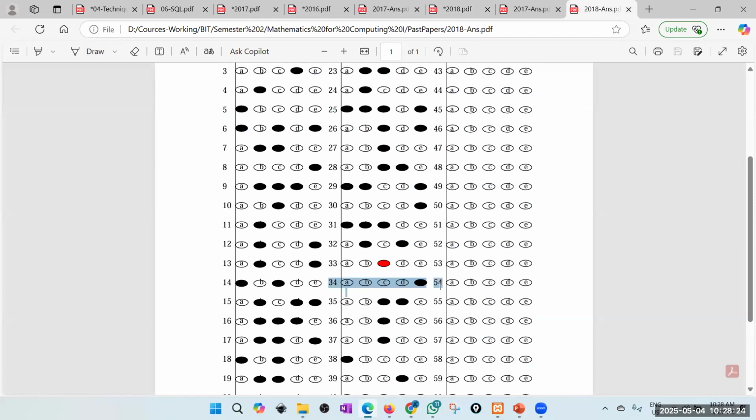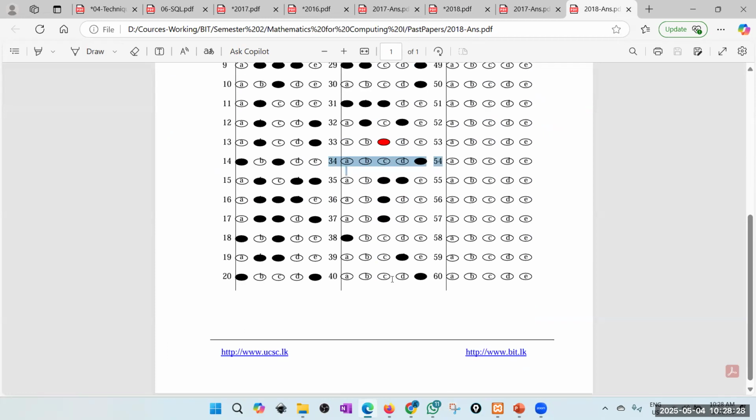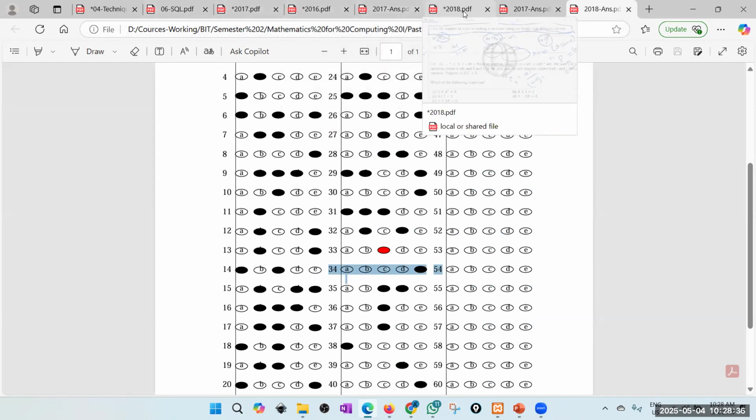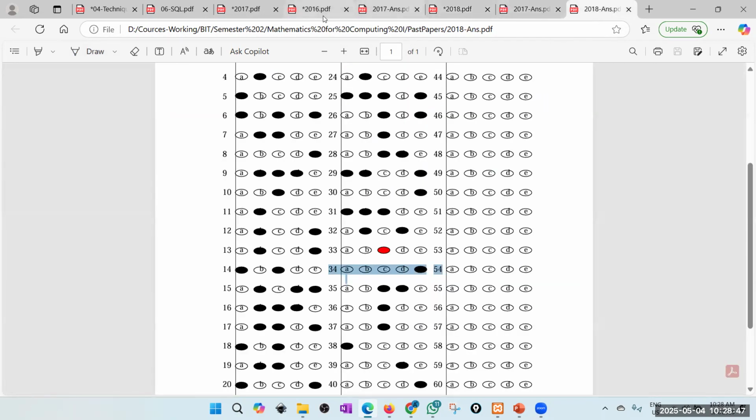Question number 34 answer is given as D, right? D. Let's see why. 34, 2018. 34. So the answer is given as E. Yes, C.